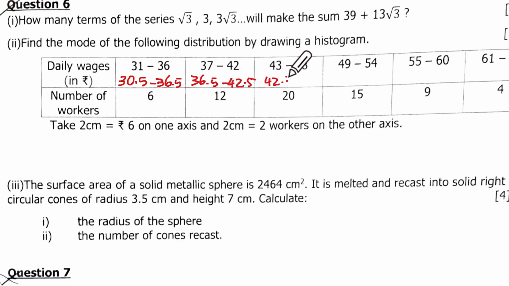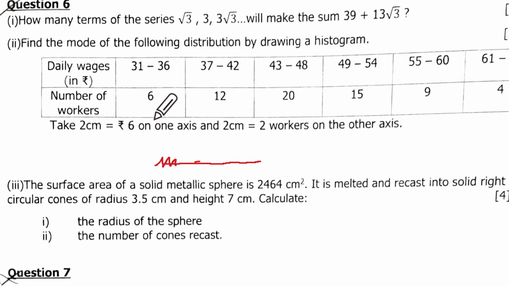This will be 42.5 to 48.5. This will be 48.5 to 54.5, understanding? And when you are taking your histogram, you are starting from here, so you will show the kink, okay?